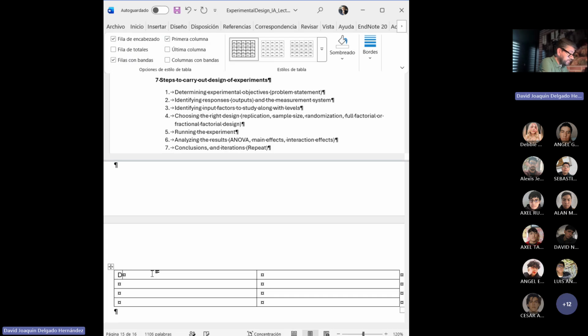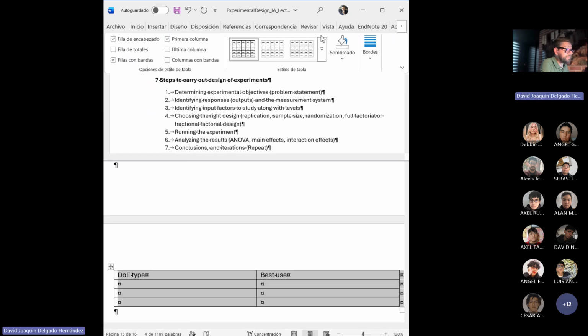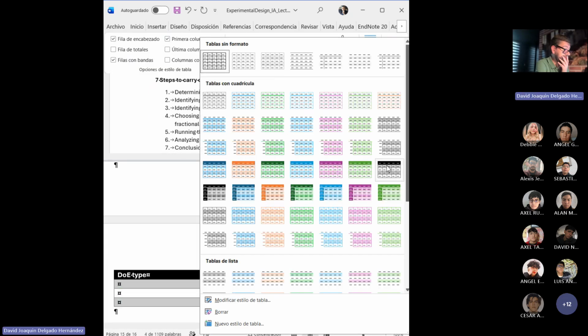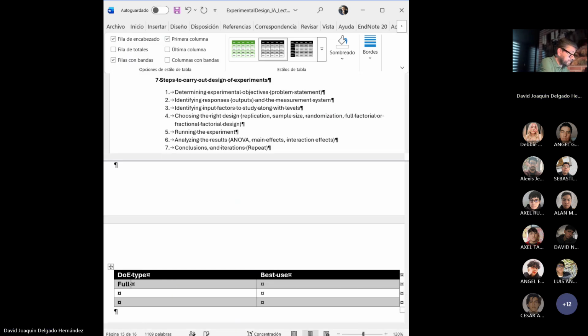Let us put DoE, design of experiment type, and when you should use this type. Okay. So keep in mind these three aspects. So full factorial you use with the small systems. And it is very useful for interaction analysis.